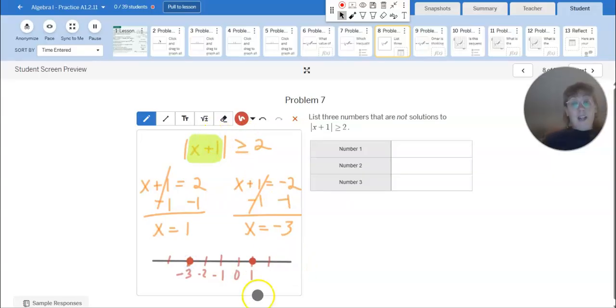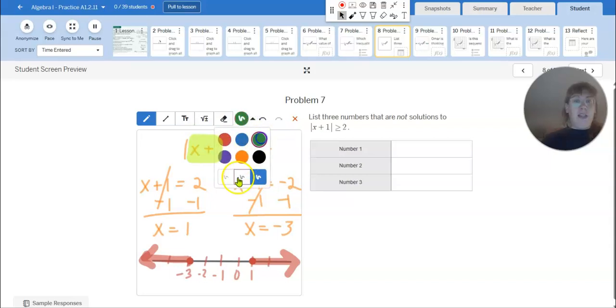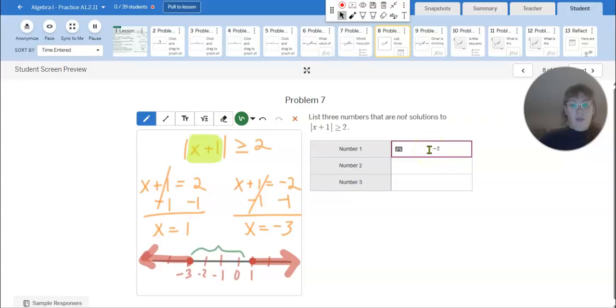And then it's greater, so we want distances that are greater than 2. So we're going to be shading to the right and to the left, opposite directions. So things that would not be solutions are going to be in this middle area. So we could think of -2, -1, or 0. We could also think of decimals like 1/2 or 0.75 or -2.5. Anything that's between -3 and 1 and not including -3 and 1. Beautiful.